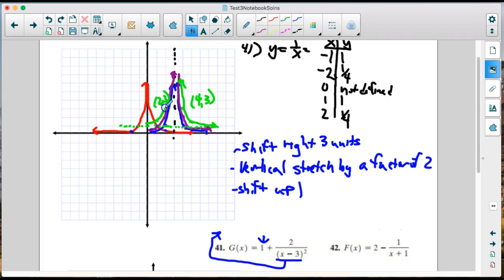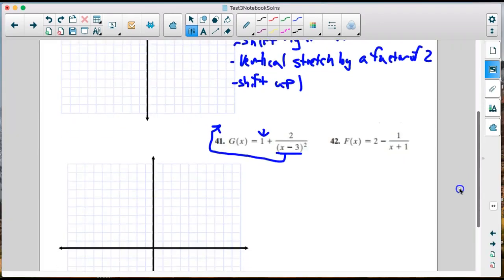We have an asymptote, so it doesn't change that much. It shifts over and stretches up, but it still has an asymptote, vertical and horizontal. Okay, so that's what that looks like.